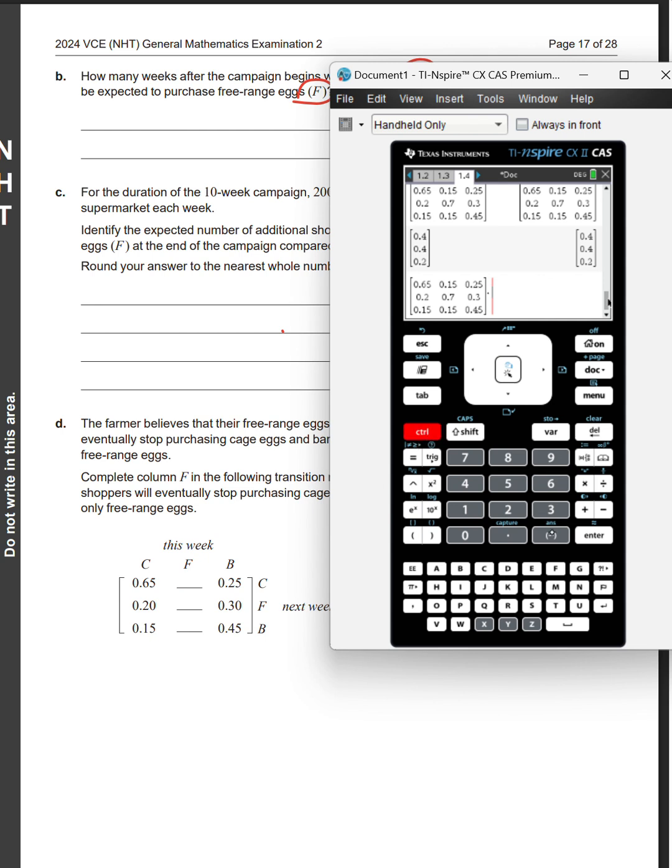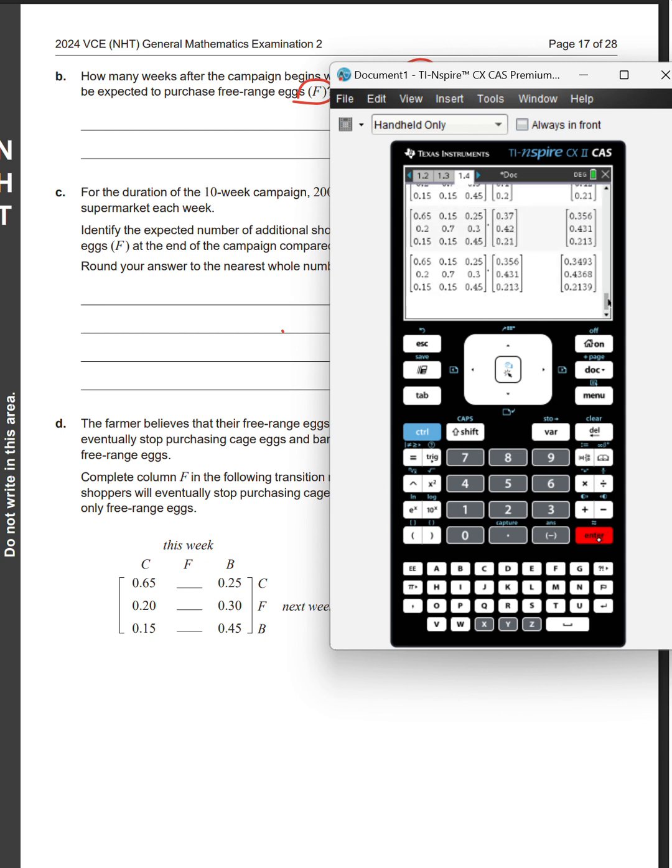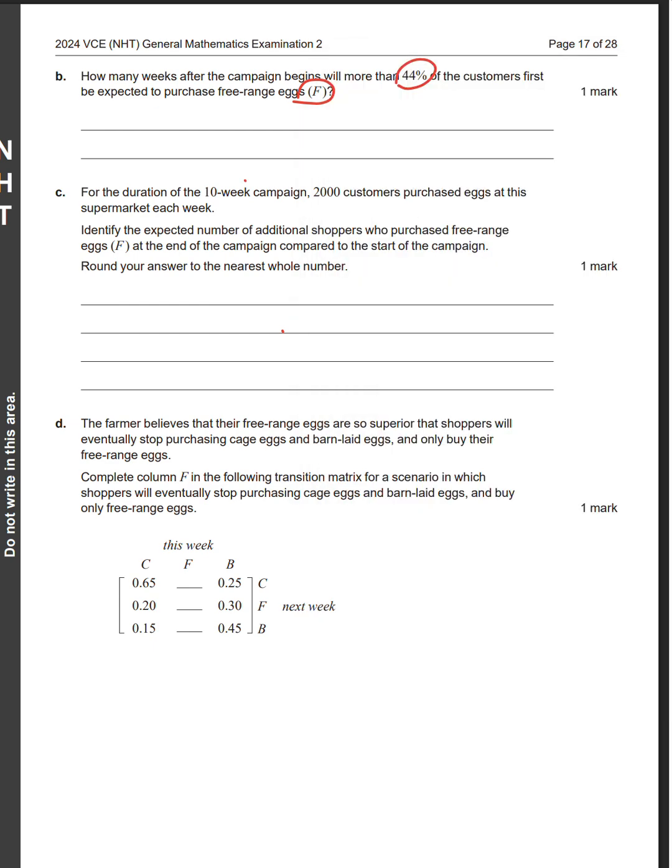So times, and then I'm going to use times A and S, because I can't just do times first because the order is really important there. Now, F is my middle, so I'm going to look for my middle number first being above 0.44. So 1, 2, 3, 4, 5. So that's 5 times. So the answer here would be 5 weeks.